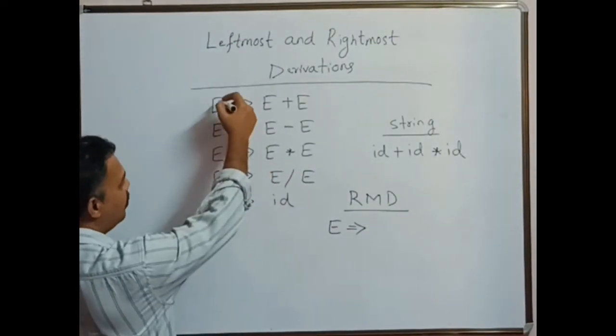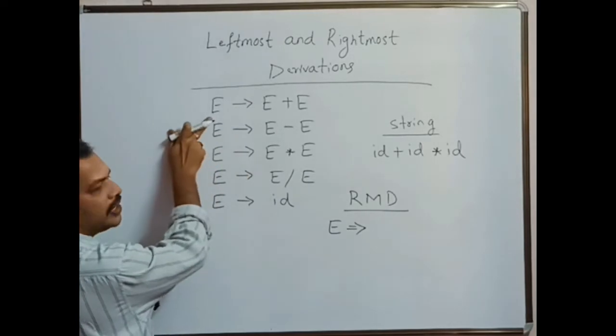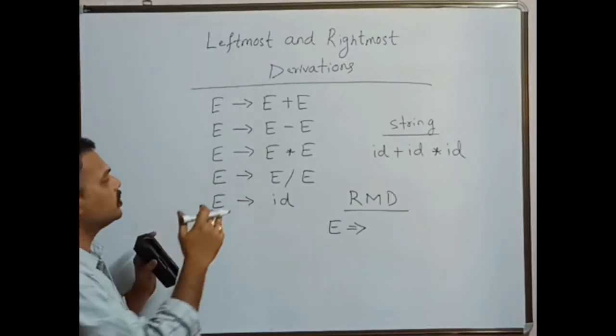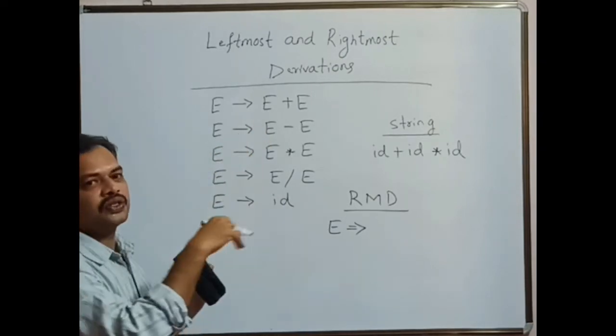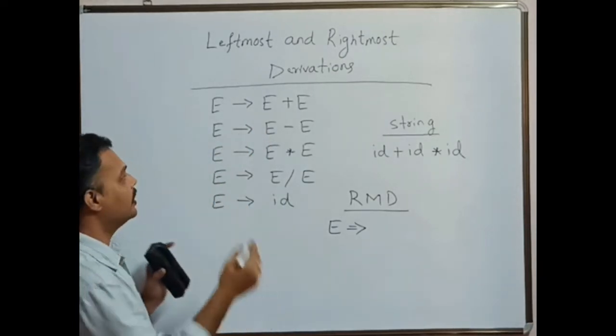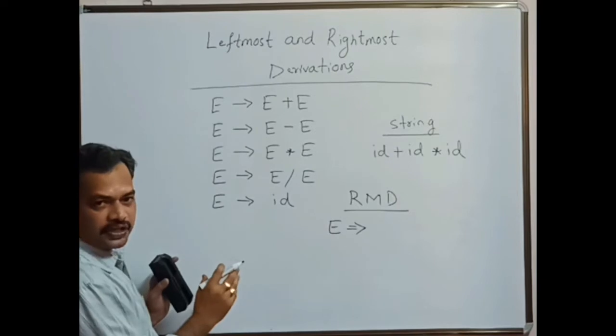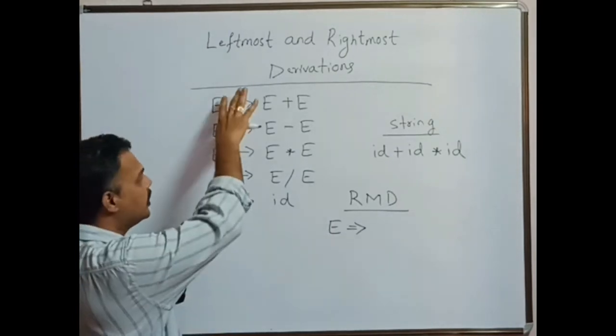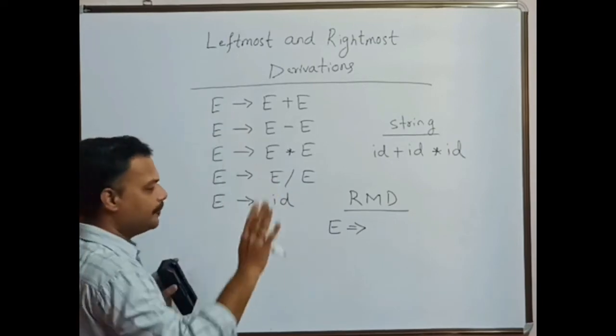Since all the production rules are starting from E only, we need not stick to starting from the starting variable only. If we have multiple variables with multiple productions, then we have to start with the start variable only. So here everything is from the start variable only.